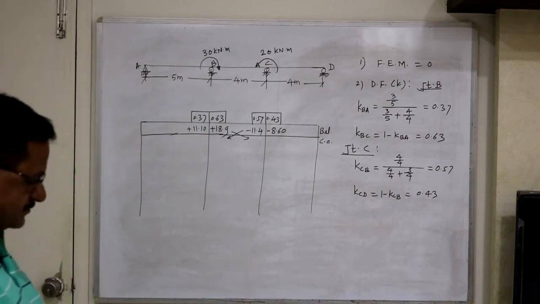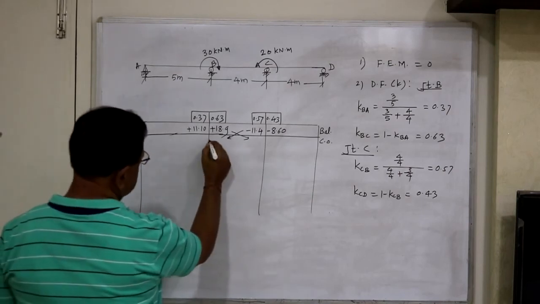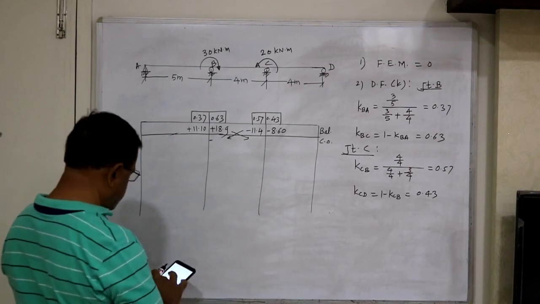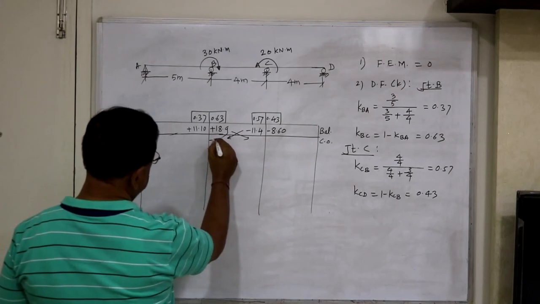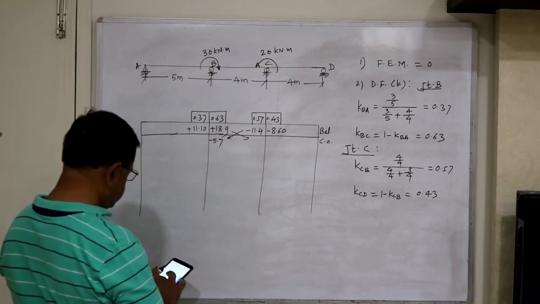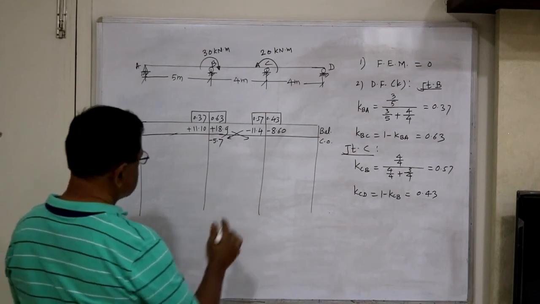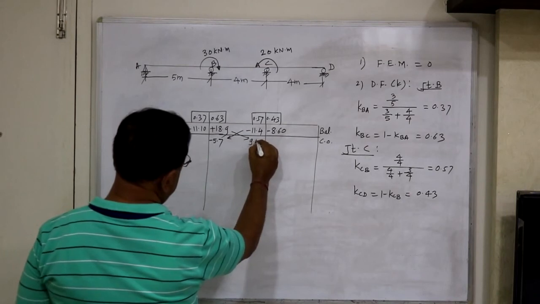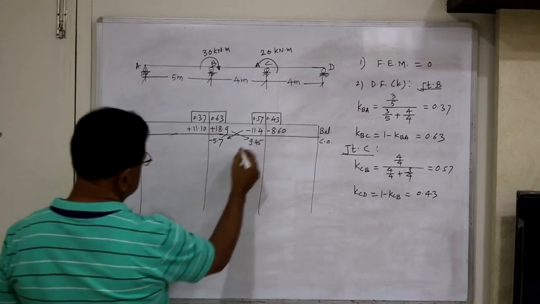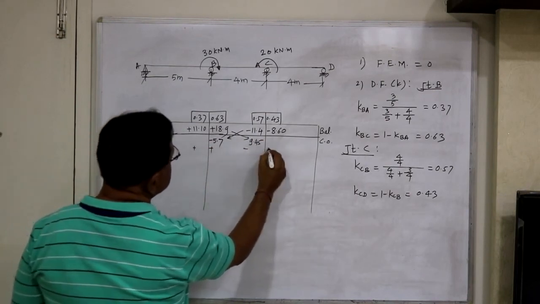Now carry over means half value: minus 11.4 divided by 2 is 5.7. 18.9 divided by 2 is 9.45, and this is plus. Now this is plus and this is minus.